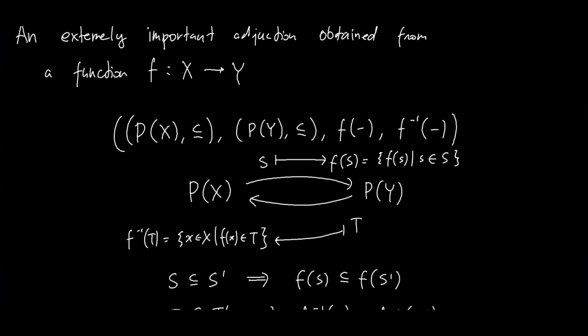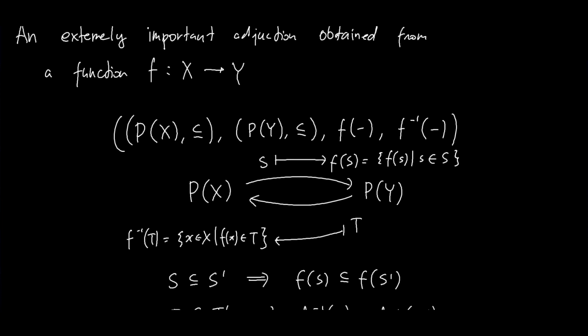And at that time, it was not emphasized that what Daniel Kan discovered was actually a generalization of what was already present in mathematics in the form of Galois connections. Not that people didn't know it, it was just not emphasized well enough. But on the other hand, it's very important to emphasize that, because Galois connections are historically the first adjunctions we encountered in mathematics, and they also are very important examples of adjunctions.